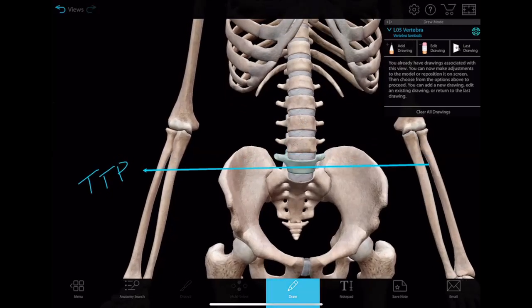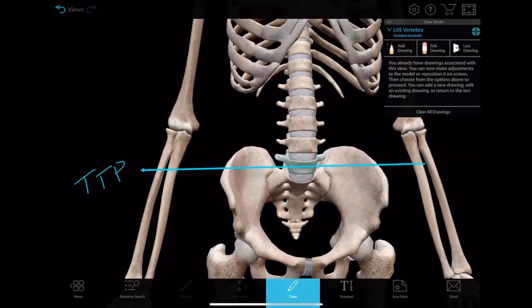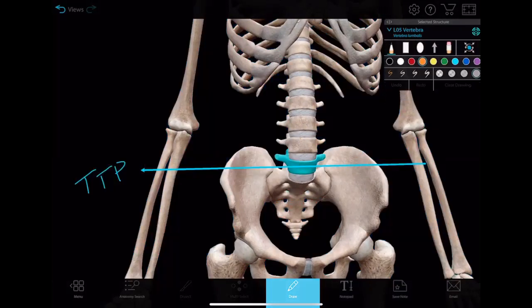Transumbilical plane, this transtubercular plane through the L5. Transumbilical plane, right?